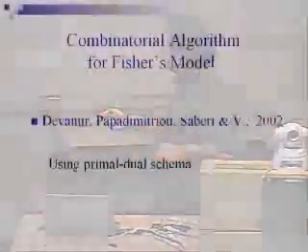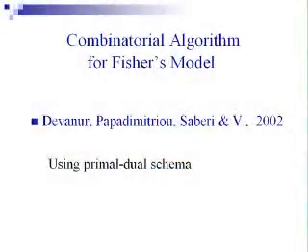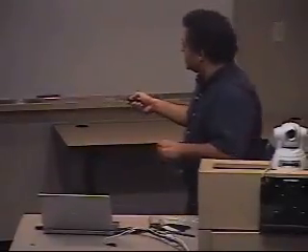But let me just say that one of the first results in this whole business was a combinatorial polynomial time algorithm for Fisher's model, the one that I just stated. So in 2002 spring, I was on a sabbatical at Berkeley with my students Nikhil Devanur and Amin Saberi, and together with Christos Papadimitriou, we obtained this polynomial time algorithm.